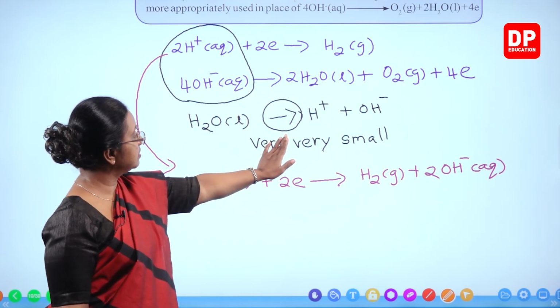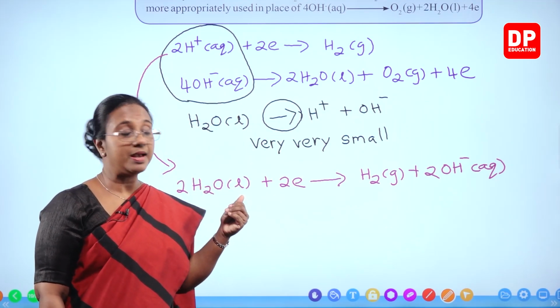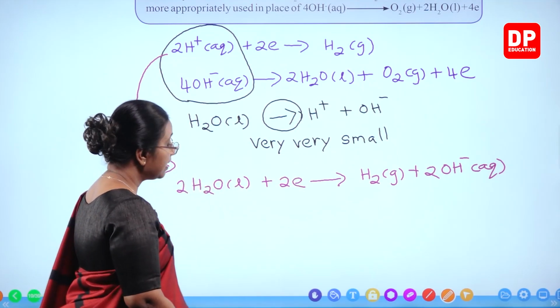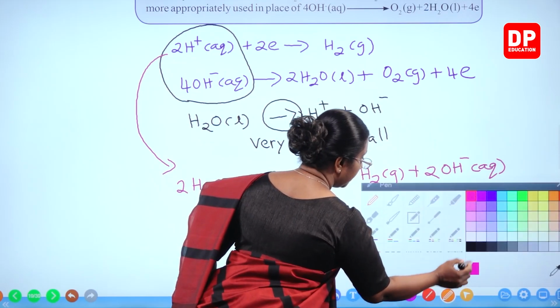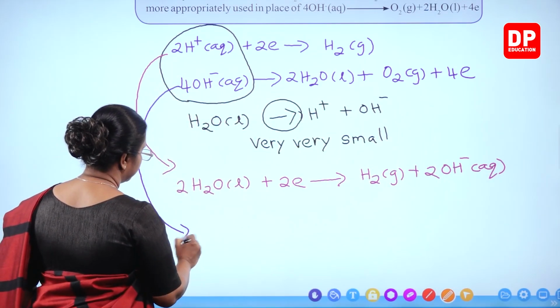Instead of this dissociation, we take water as taking up electrons and evolving hydrogen gas. The same way, we can write for this one.